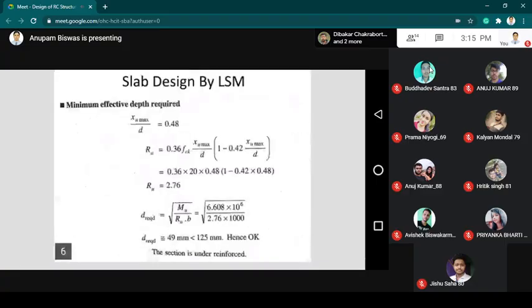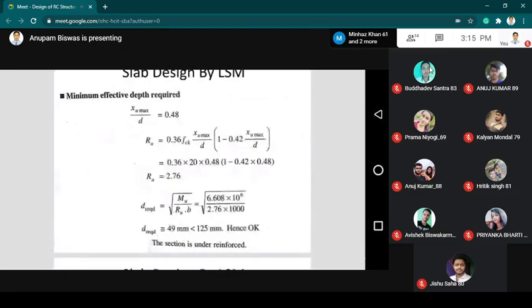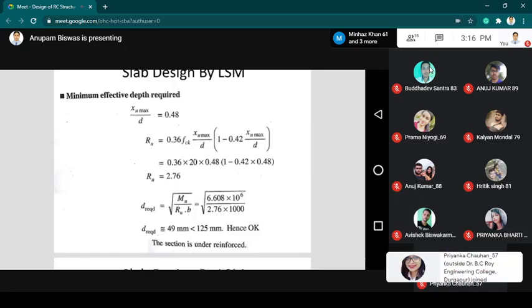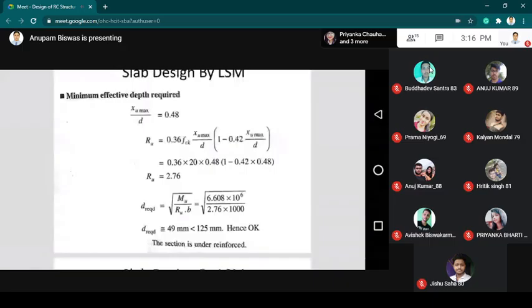Next step is to find the minimum effective depth. For this criterion, we have to find the value of Ru. For M20 grade concrete and Fe415 steel, we know that the value of xu max by d is 0.48, and from here we will find the value of Ru by putting the value of xu max by d. The equation for Ru is 0.36 xu max by d, whole multiplied by 1 minus 0.42 xu max by d.